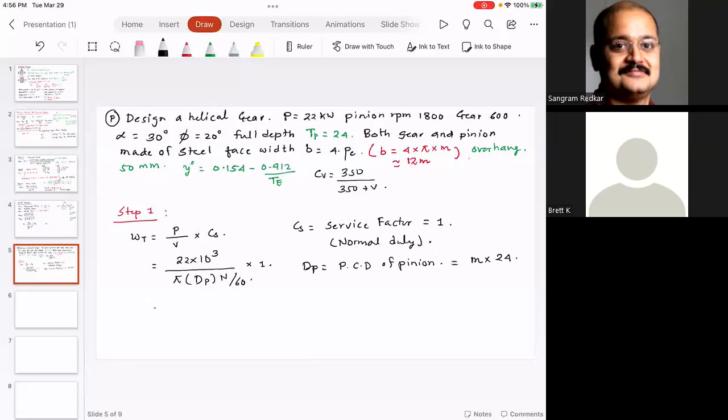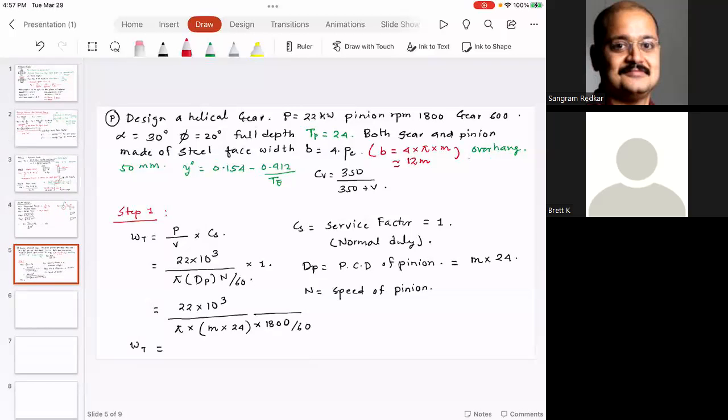And I can find out 22 times 10 to the power 3 divided by pi times dp, where module is not known at this point, so I'll keep module as is. Number of teeth 24, n is the speed of the pinion, 1800 divided by 60, and you can find out the value of WT in terms of module.